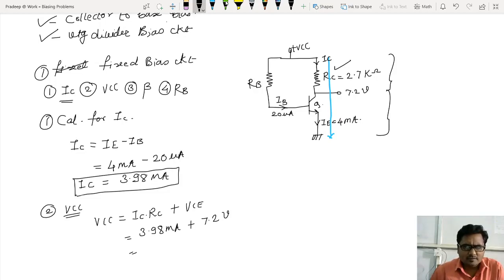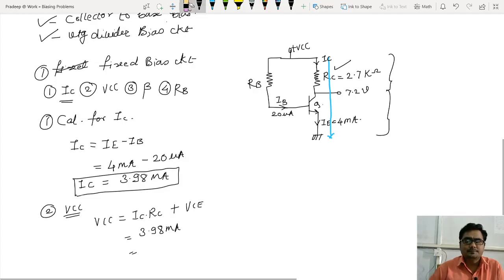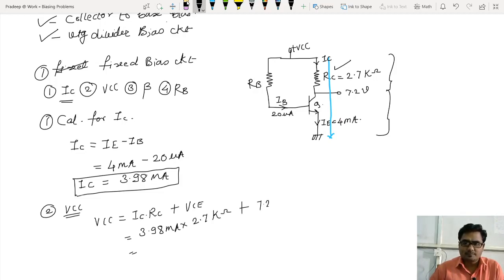So IC multiplied by RC, we forgot to multiply, 3.98 milliampere multiplied by 2.7 kilo, plus 7.2 volt.